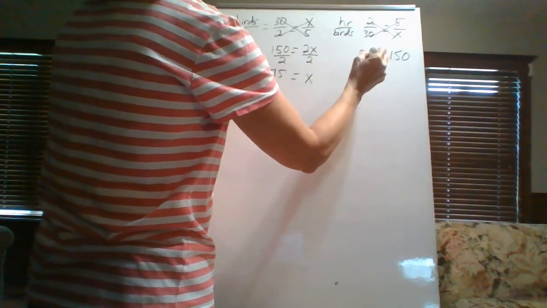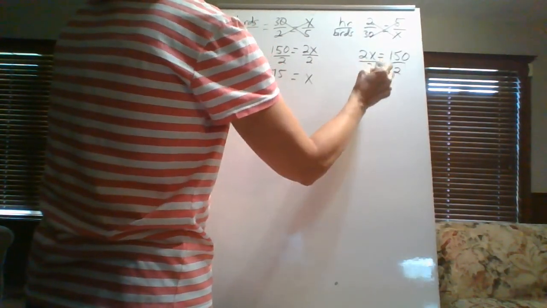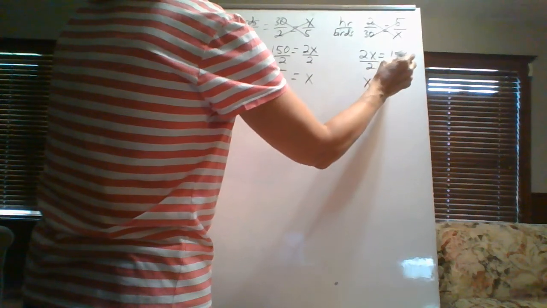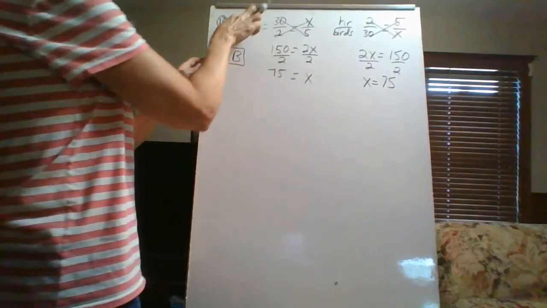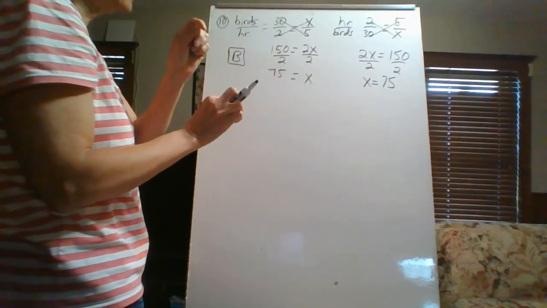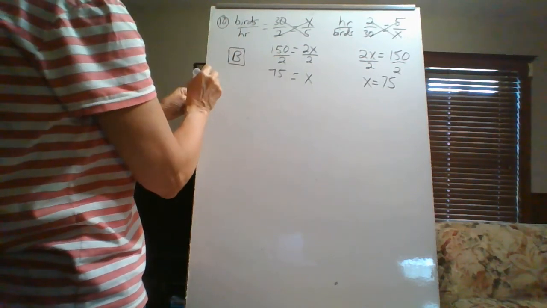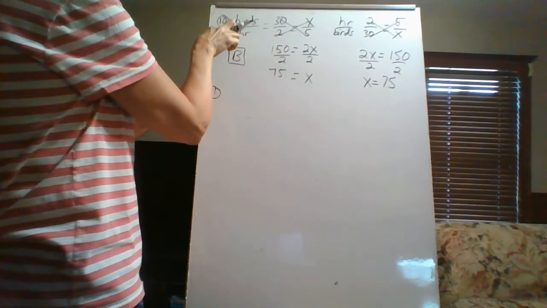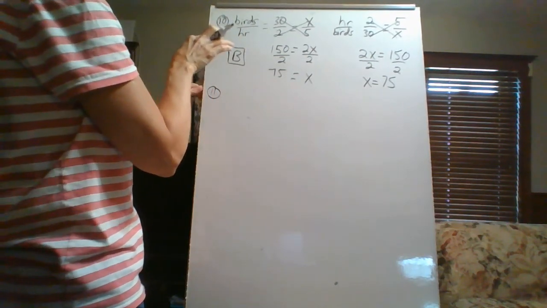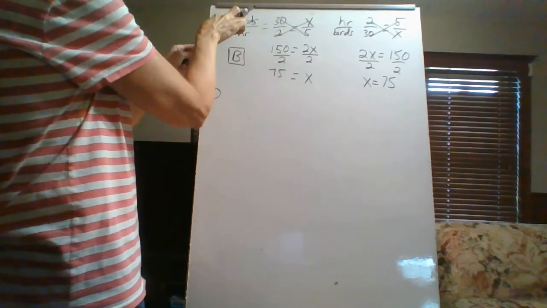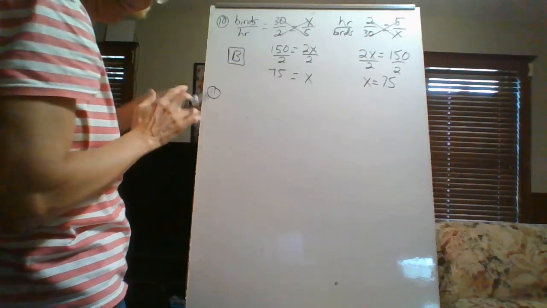Hey, we're right back there again, right? 2x equals 150, x equals 75. So it doesn't matter which unit you put on top and which on the bottom. The name of the game is stay consistent, which is why I always like to write it here so that I know exactly what I've done. I don't have to go back and wonder which one I put on top. I told myself right there, okay?